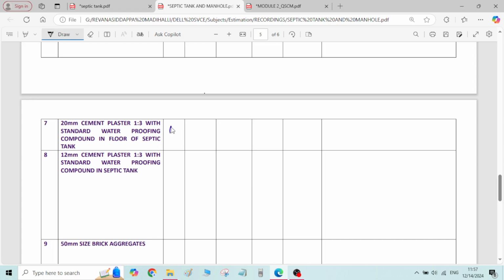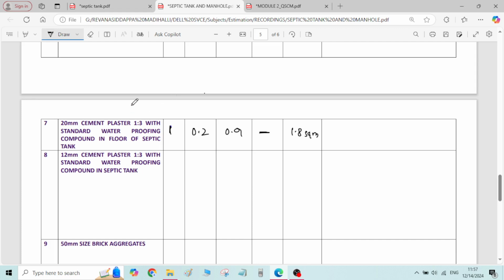One number, 2 meter is the length, 0.9 meter is the width. Height we will not take into consideration for the plastering work because we have to get it in terms of meter square. The answer that you get is 1.8 square meter. So this completes the 20 mm cement plaster for floor of the septic tank.